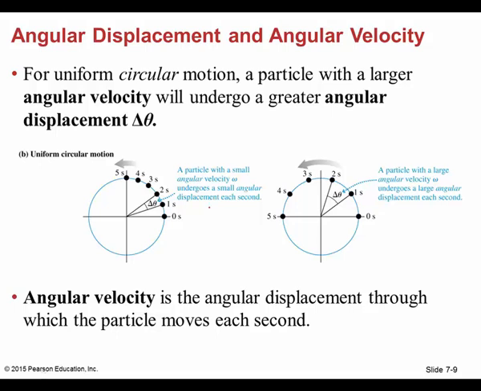So if you have an object that moves this far and one that moves that far, in the same time interval, which it should be if it's uniform, then it's going to have a greater angular velocity. So again, angular velocity is the angular displacement that a particle moves every second.